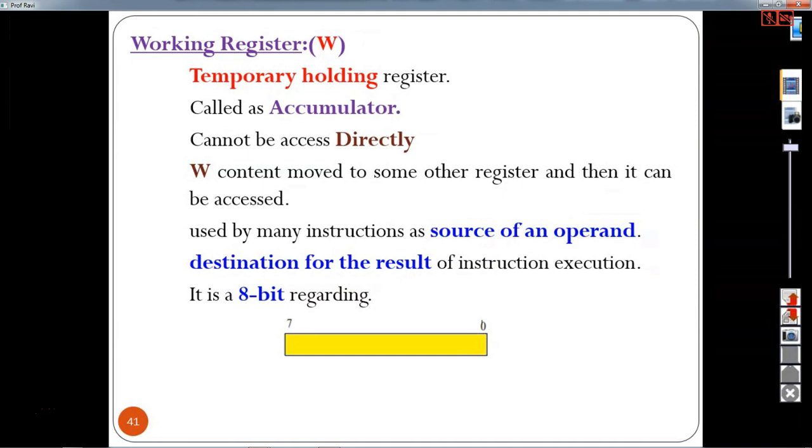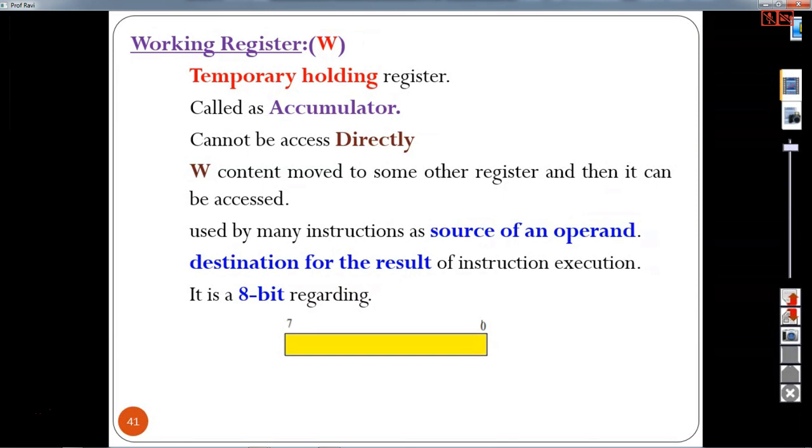This is register bank select in the direct addressing way, and the earlier one, IRP, is register bank select in indirect addressing. If it is 0, then bank 0 and bank 1 are selected. If it is 1, bank 2 and bank 3 are selected.